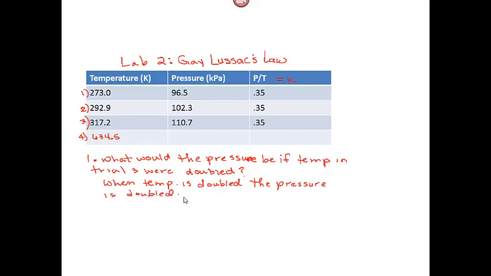That would mean we just have to take this number times 2. So we do 110.7 times 2, and we would get 221.4 kilopascals.